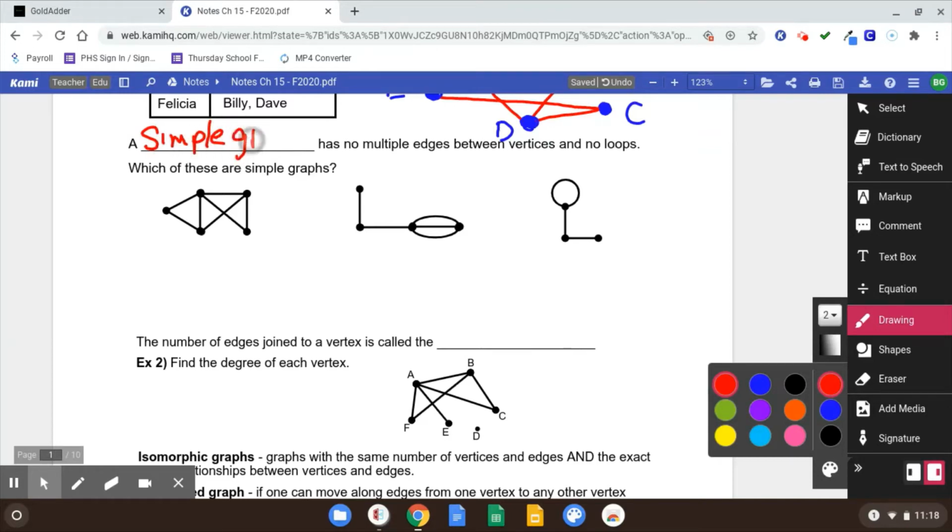A simple graph has no multiple edges between vertices and no loops. Multiple edges, like right here, that's 3 different edges that go between the same vertices. That's multiple edges, so this one's not simple.